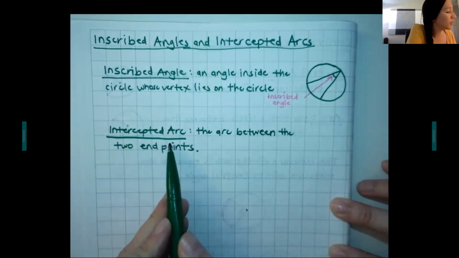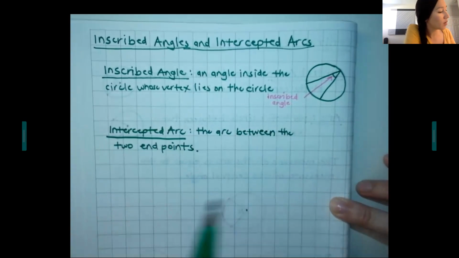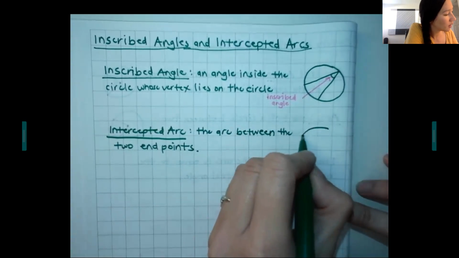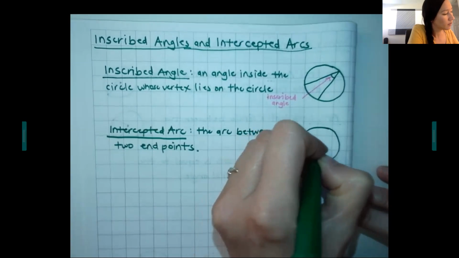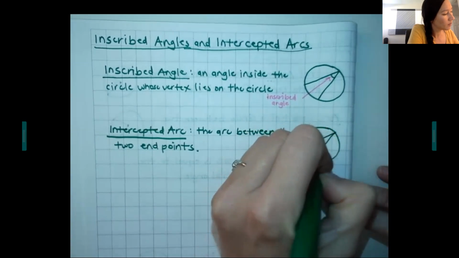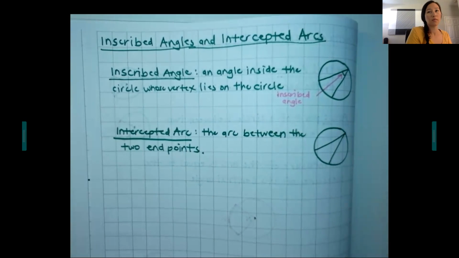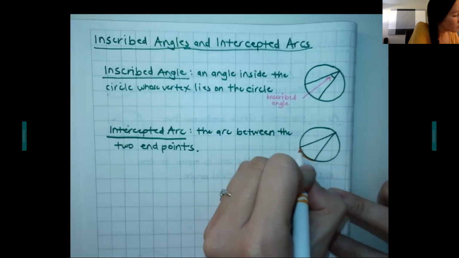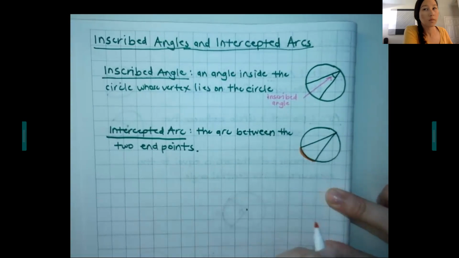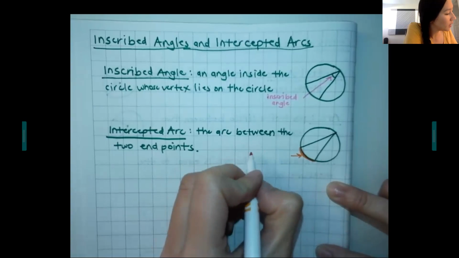And then we have the intercepted arc, which is the arc between the two endpoints. So that right there is our intercepted arc.